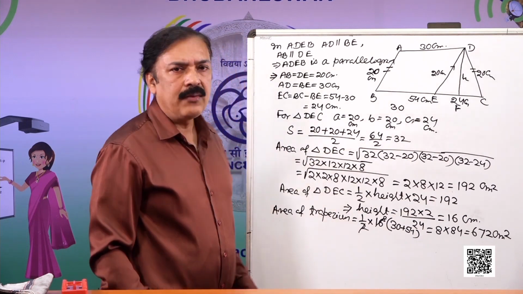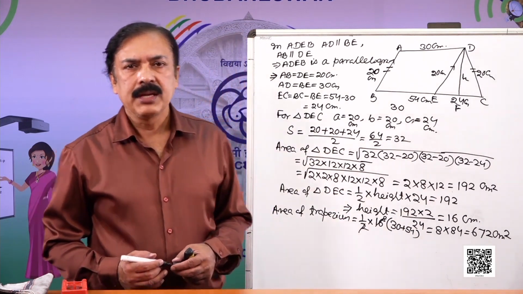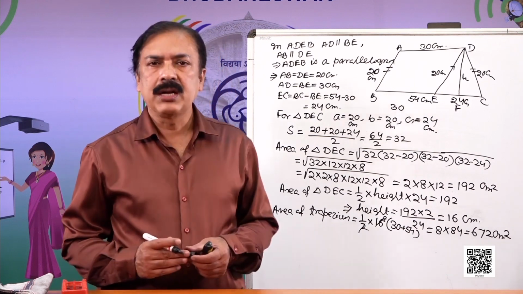So area of this trapezium is 672 centimeter square.